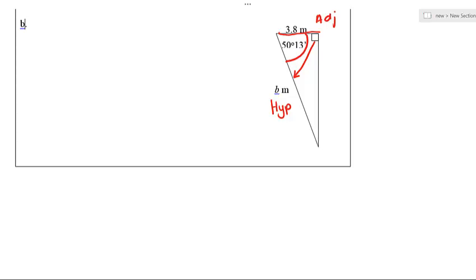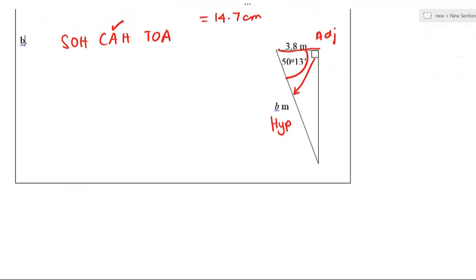Now what we're given is adjacent and hypotenuse. If we write the SOHCAHTOA relationships out again, we can see that the cos relationship is the one that uses both adjacent and hypotenuse. So we're going to be using cos theta is equal to adjacent on hypotenuse.